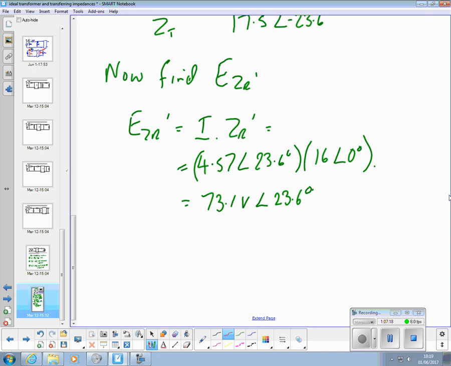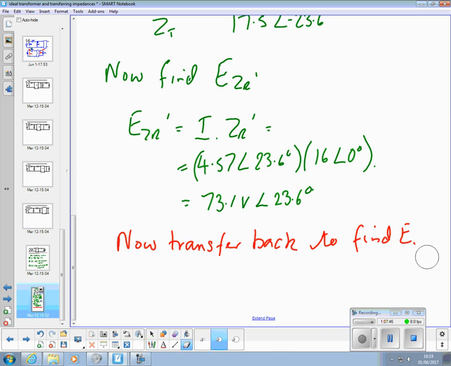We want to know what that voltage is on the secondary side, where that resistor is actually connected. So now transfer back to find E2R.